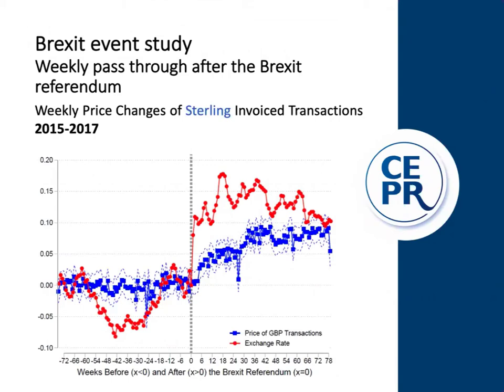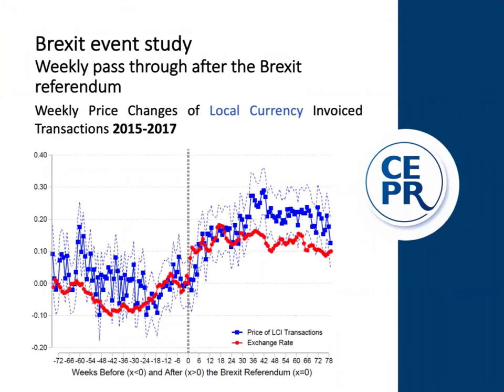Now, if we move to the next figure, here we see a very different picture of the evolution of British export prices over time. In this picture we've graphed, again, time dummies to show in blue how the sterling denominated price of a British export is changing relative to the price it was in the week of the Brexit depreciation.